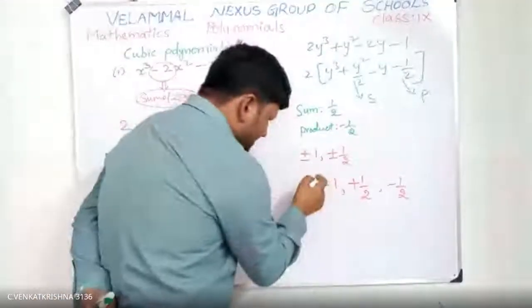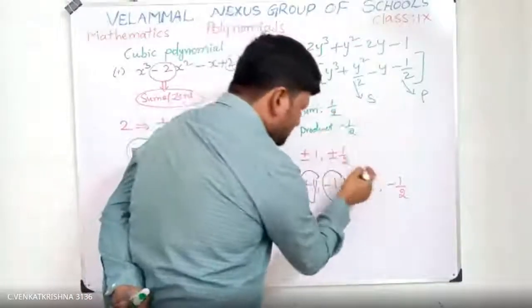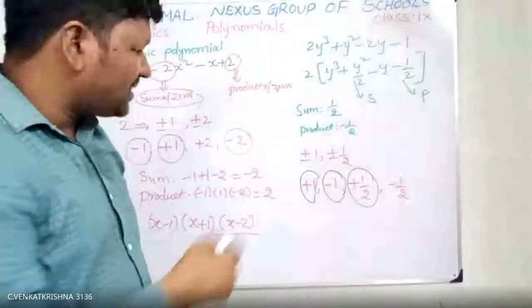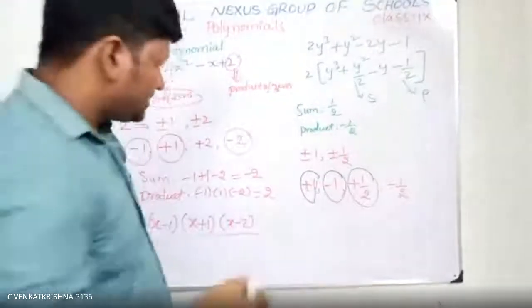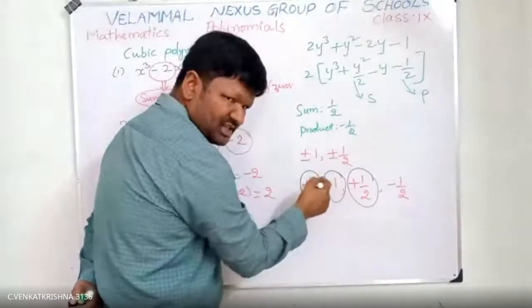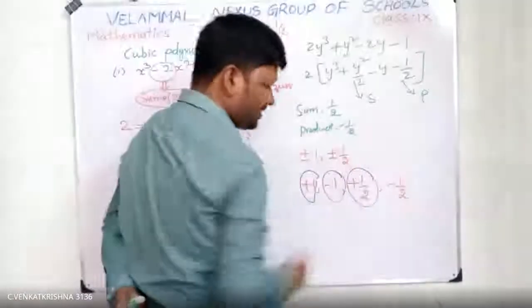So I will select plus 1 and minus 1, which gives 0, and 0 plus 1 by 2 is 1 by 2. Then the product: 1 into 1 by 2, with minus, we get minus 1 by 2.